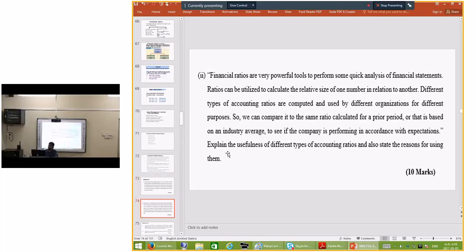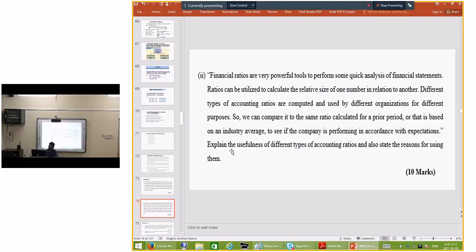Next, financial ratios are very powerful tools to perform quick analysis of financial statements. Ratios can be utilized to calculate the relative size of one number in relation to another. Different types of accounting ratios are computed and used by different organizations for different purposes.